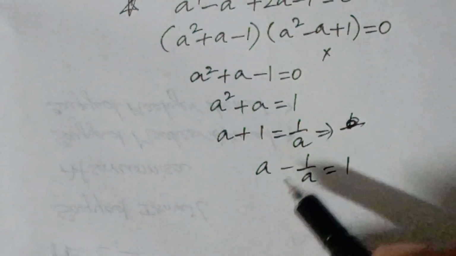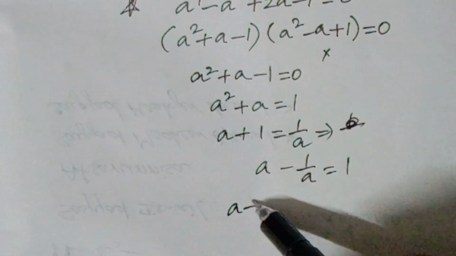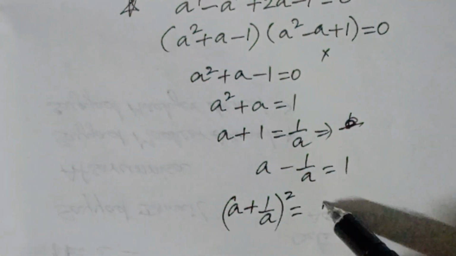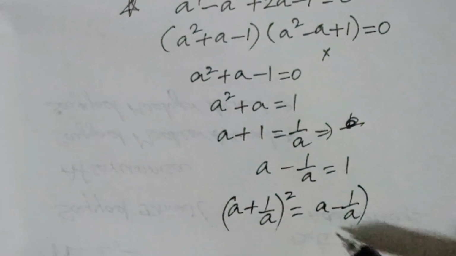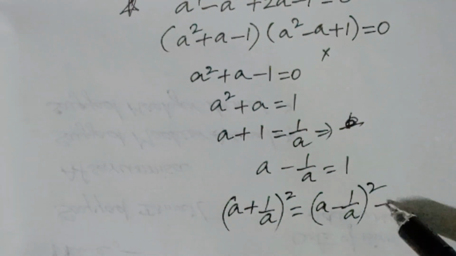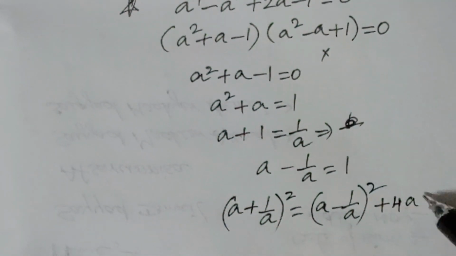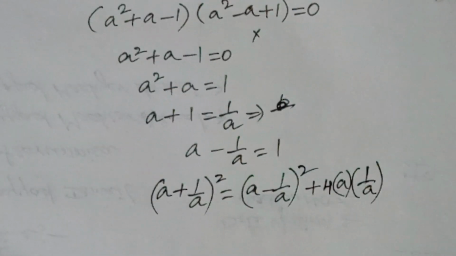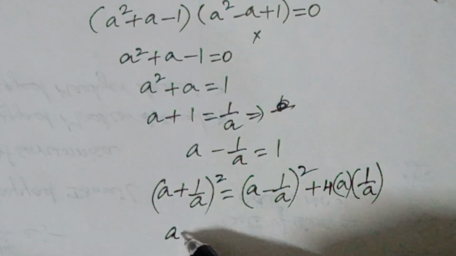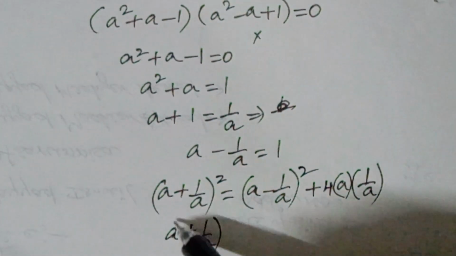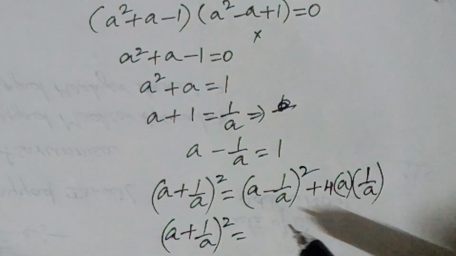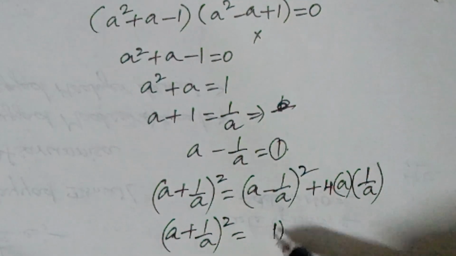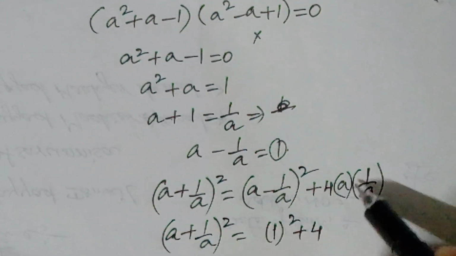Now from this we are going to find a plus 1 by a. A plus 1 by a whole square is equal to a minus 1 by a whole square plus 4a into 1 by a. So here what will we get? A plus 1 by a whole square is equal to, a minus 1 by a value is 1, 1 square plus 4.